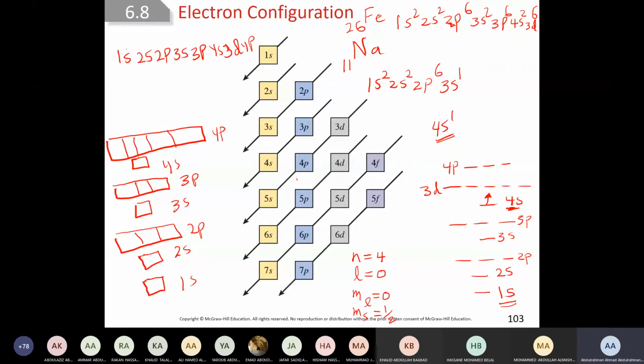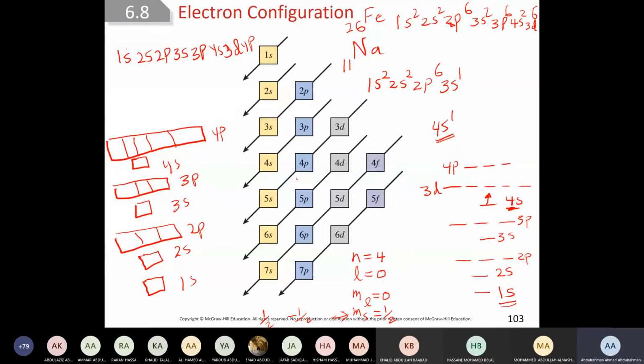You have no choice for MS except two values, either plus half or minus half. We can put this one up and this one down, or I can reverse it. No problem, because it's the same thing and it's the same energy.